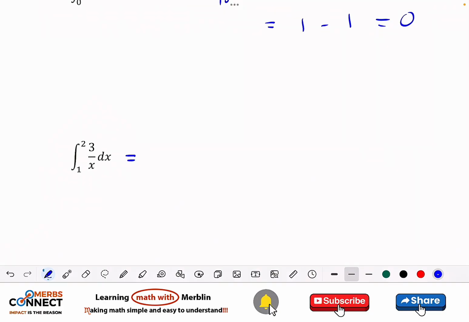Now let's integrate this one. So we can see that we have a constant here, so we can factor the constant out and have the integral from 1 to 2 of 1 divided by x dx. And since the power is 1 over x, we need to think about the ln function.